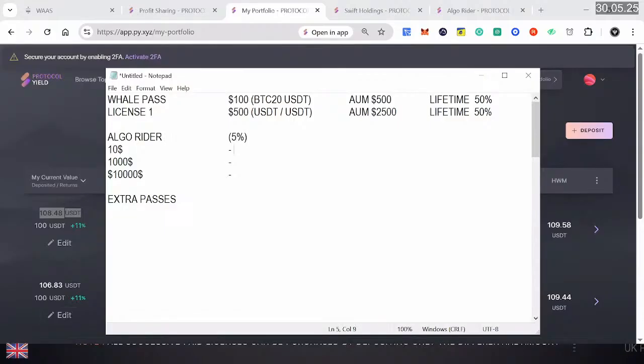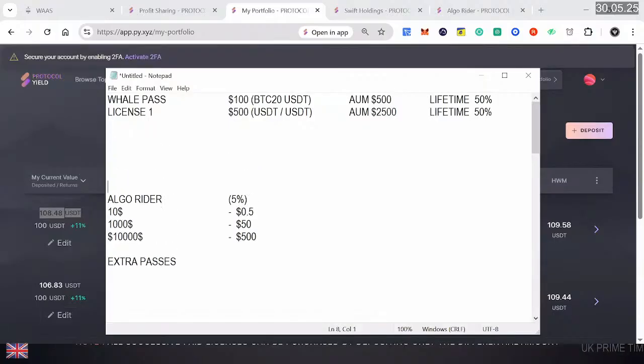This is applicable to $10, $1,000, and $10,000. So 10% of 5% of $10 is 0.5, right? Here it's $50 and here it's $500. So it's the same for everybody. So obviously people tend to increase their subscription value.